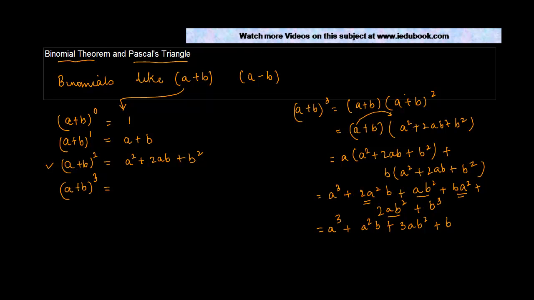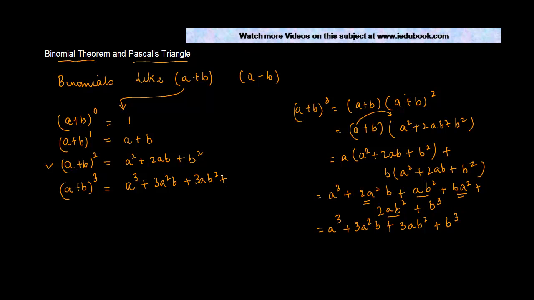So instead of 2, we can write 3a square b, right? Plus b cube. So this can also be written as a cube plus 3a square b plus 3ab square plus b cube.